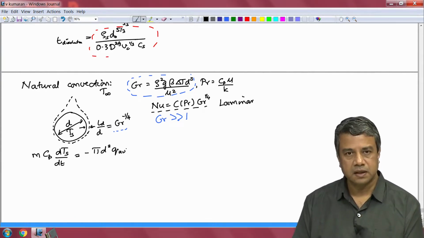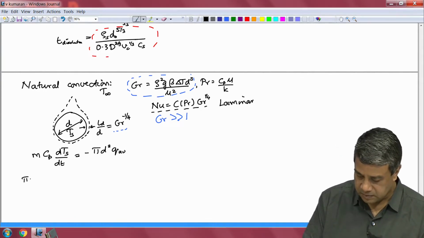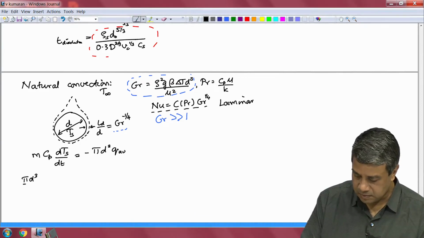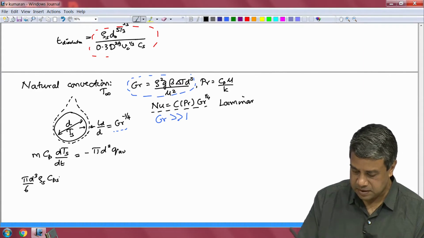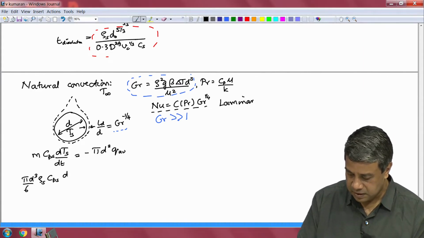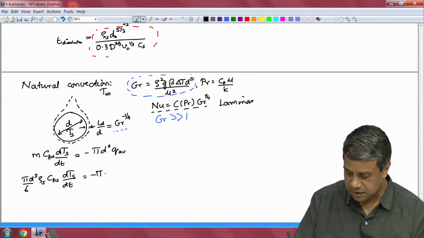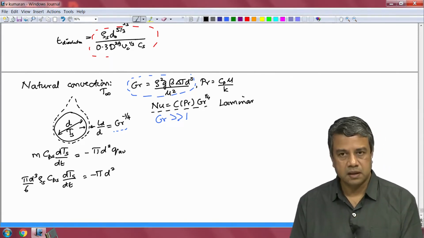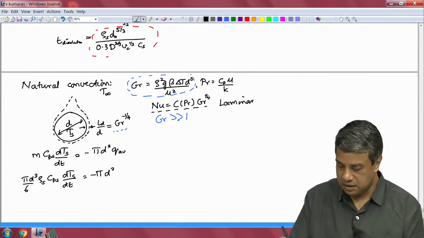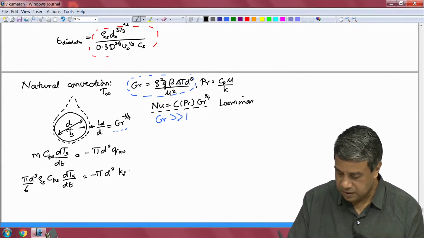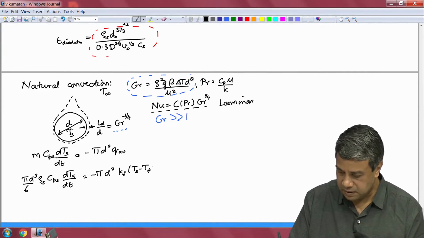The mass of the sphere was pi d cubed by 6 rho s, the density, times Cps of the sphere, dTs by dt, is equal to minus pi d square into the average flux, K of the fluid into Ts minus Tf.